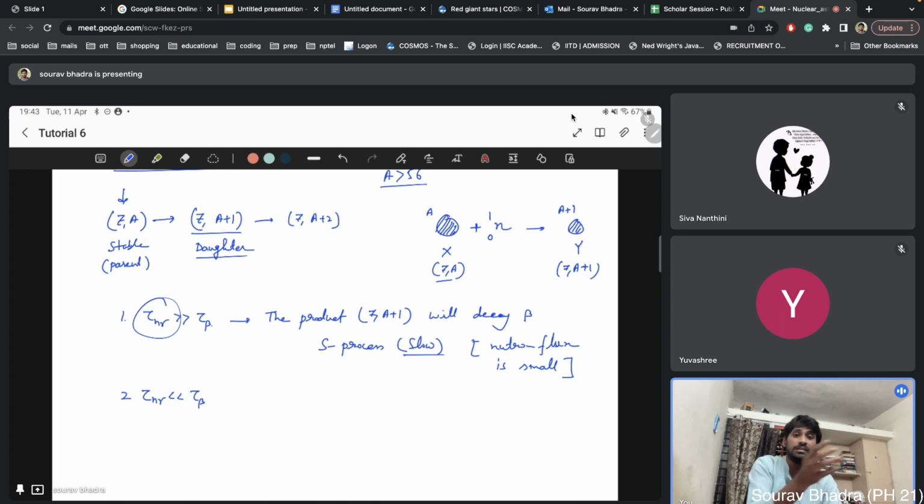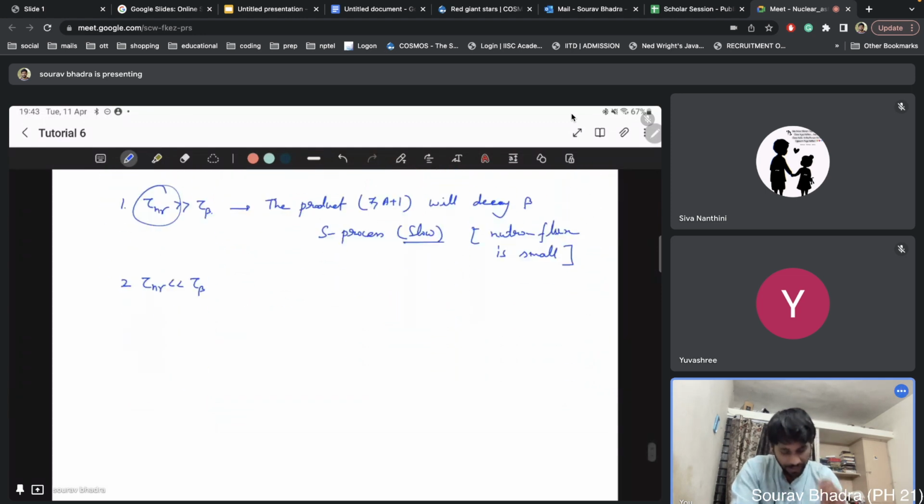Your school will start in 10 minutes and you have breakfast time of 15 minutes, so you cannot have that breakfast. That's why the daughter particle cannot decay by beta, and it will instantly go through another neutron reaction.